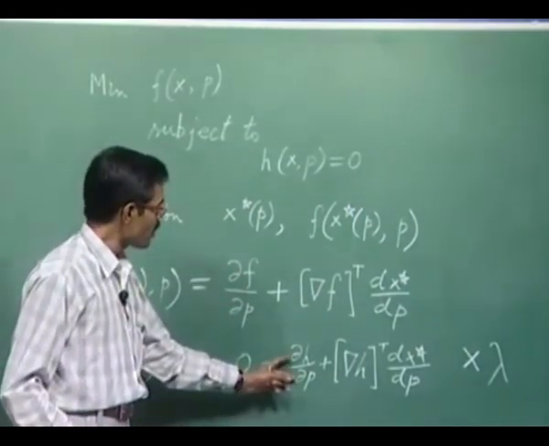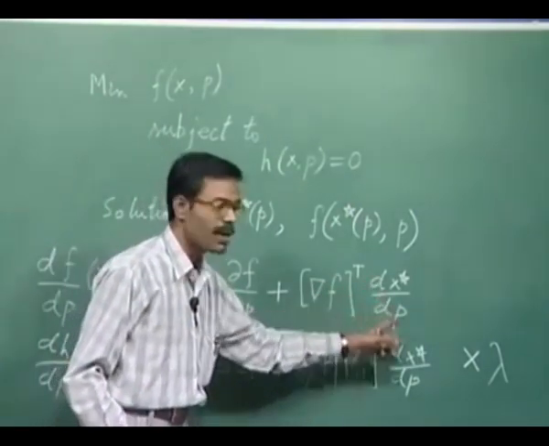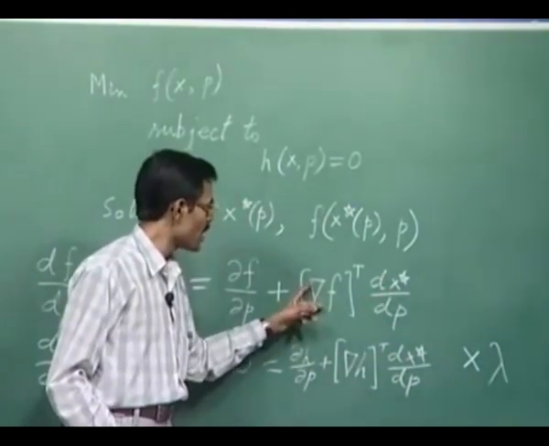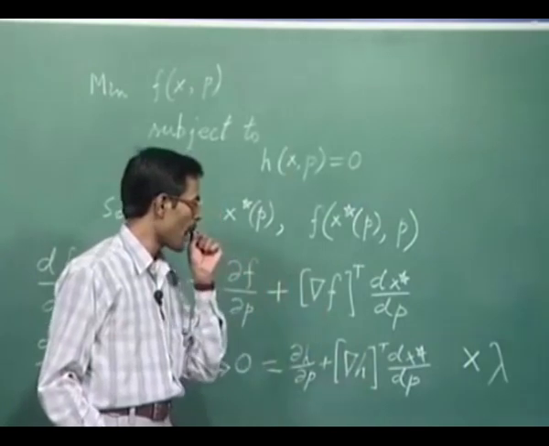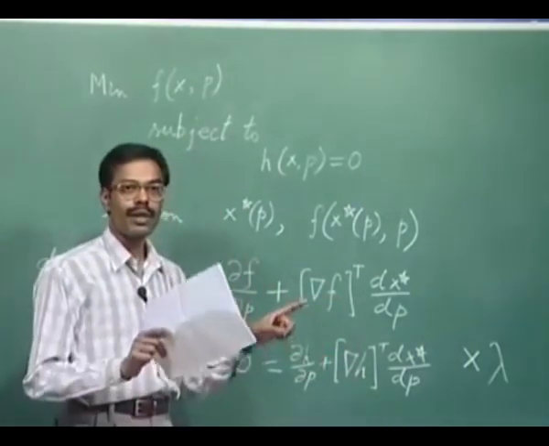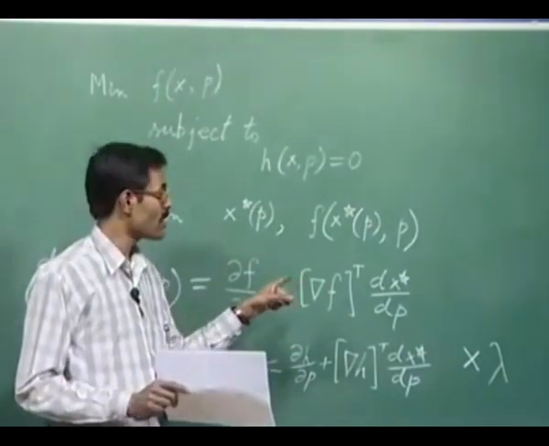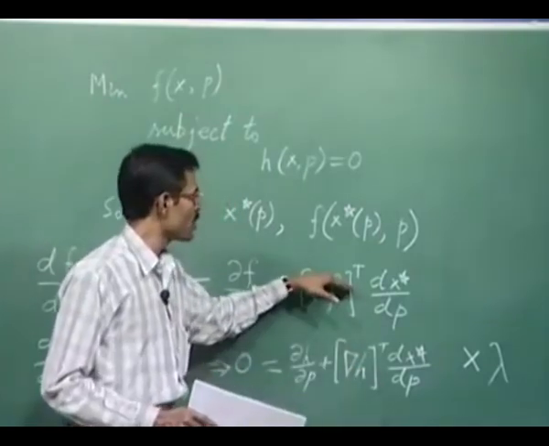Lambda into this will be added here, and here what will be added? Dx star by dp is common. Here will be added grad f plus lambda grad h. Okay. So, grad f plus lambda grad h is the first order necessary condition for the point x star to be minimum. That equal to 0 is the condition. That means, lambda times this added to this will make it 0.